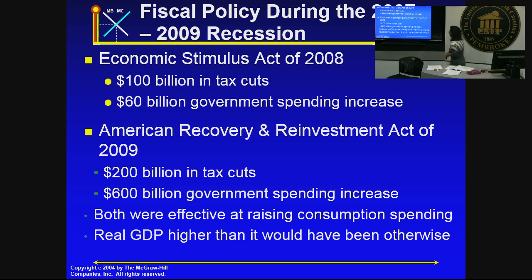Both were very effective in raising consumption spending. So in other words, these two acts are considered effective, although we're not seeing everything. Every time there's a recession, you try to pick up, it's not that easy. Real GDP was higher than it would have been otherwise.